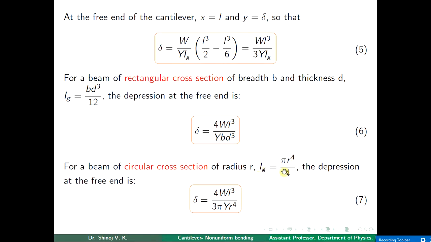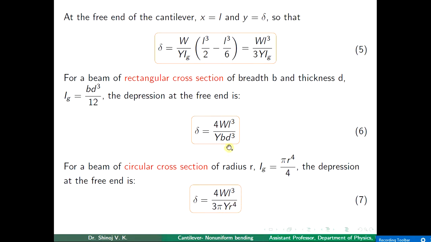We discussed this value earlier, and the depression at the free end of a beam of circular cross section will be delta = 4WL³/(3πY r⁴). Here small r is the radius of the beam and Y is the Young's modulus.